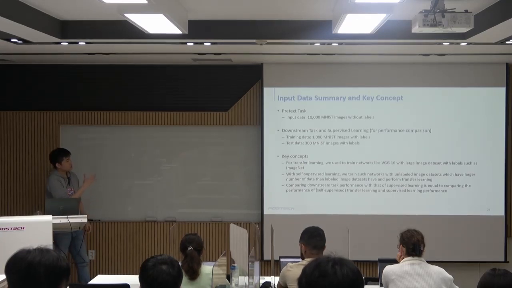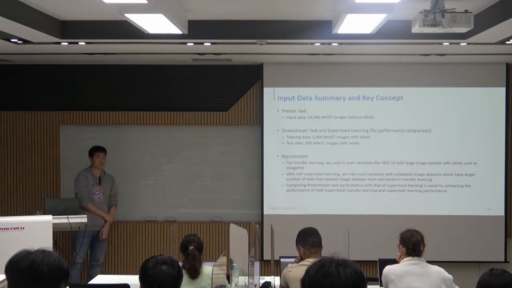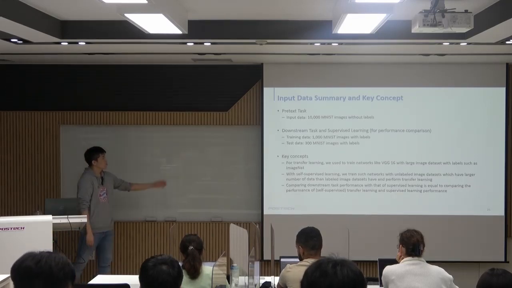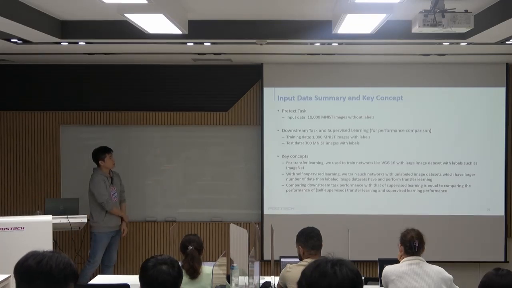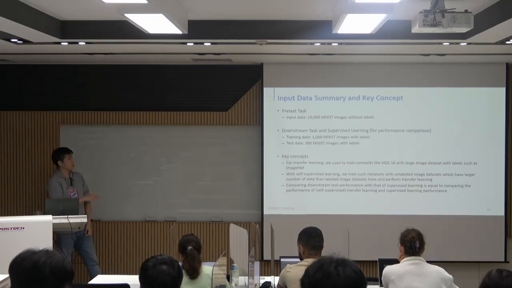So by evaluating the performance between the downstream task and supervised learning, we can find out whether the pretext task successfully extracted important image features or not. So for that case, for the downstream task and supervised learning, we use the same training dataset and the same test dataset. So I'm going to explain the details about the downstream task and supervised learning afterwards.